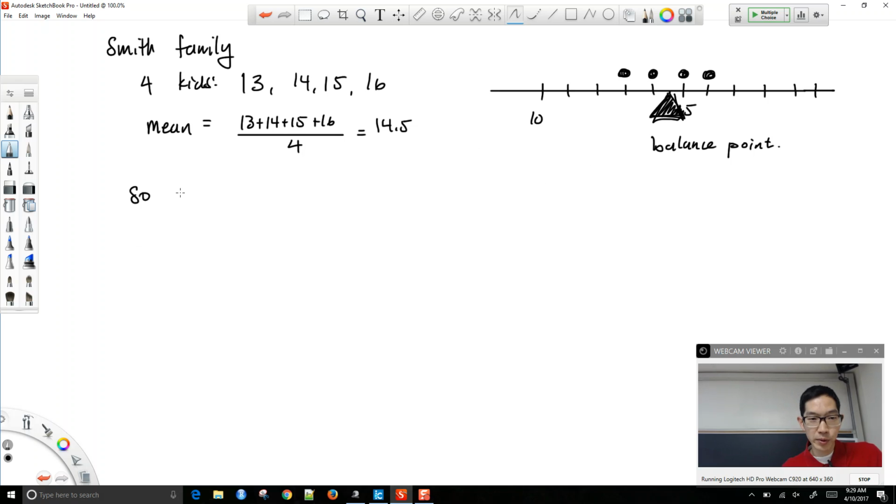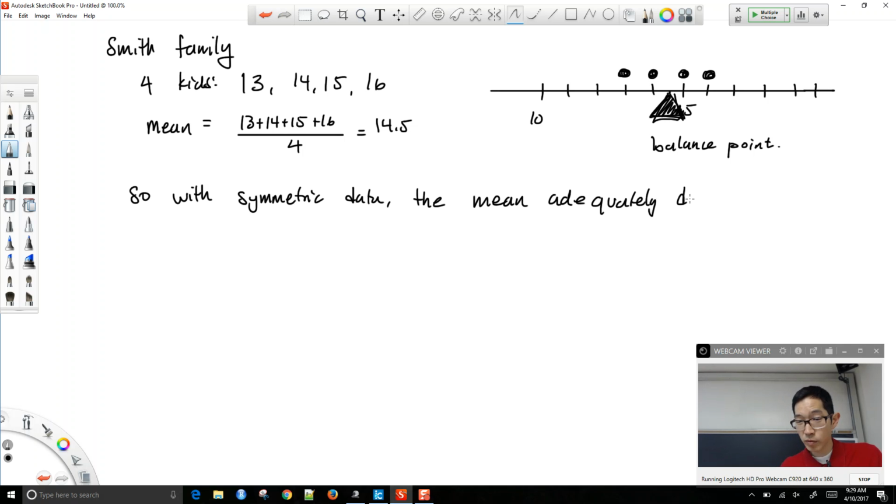So with symmetric data, the mean adequately describes the center of the data.